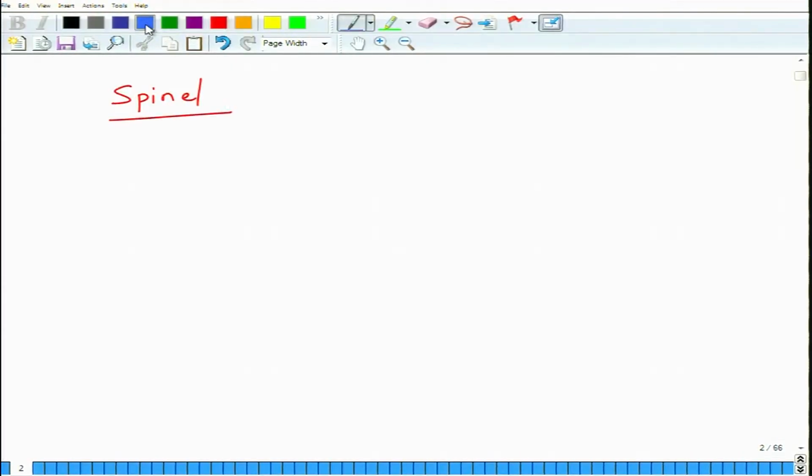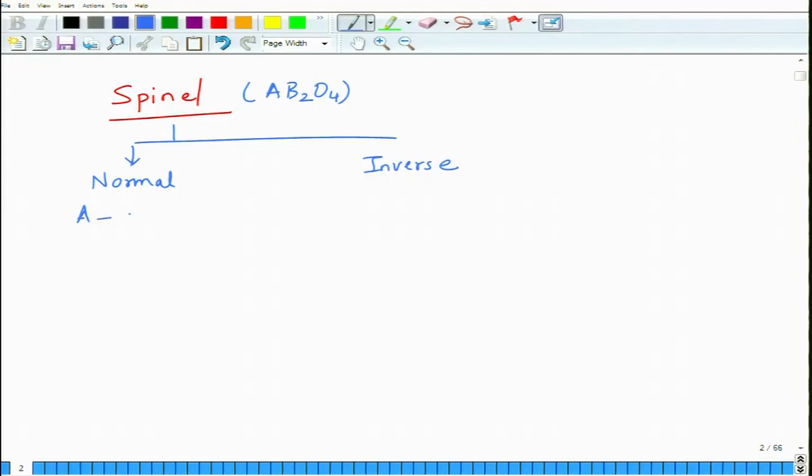Spinel, as we discussed in the last lecture, has two variants, one is normal, second is inverse. Both are AB2O4. In the normal case, A goes to tetrahedral sites and B goes to octahedral sites. In the inverse case, one of the B goes to tetrahedral sites and A and the remaining B go to octahedral sites.